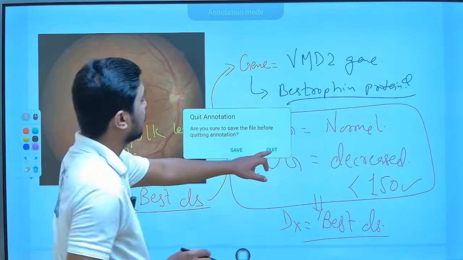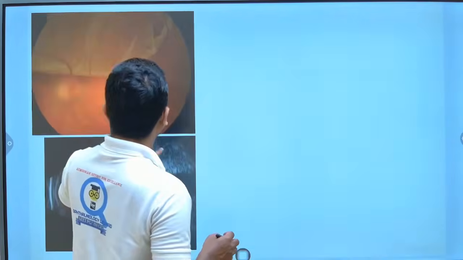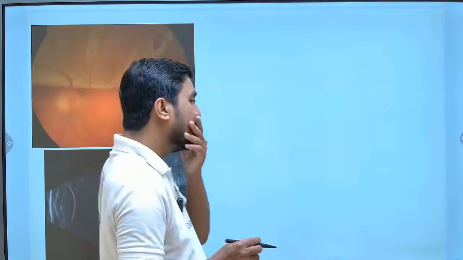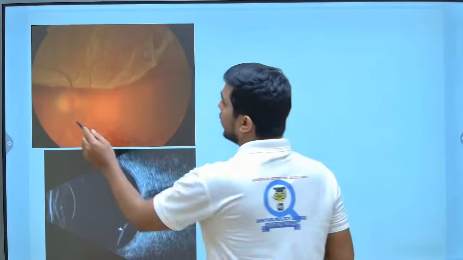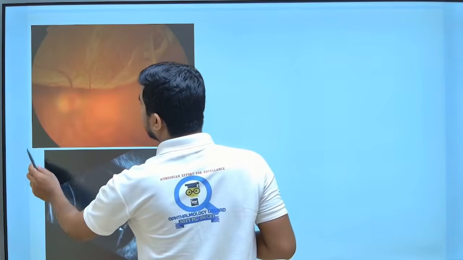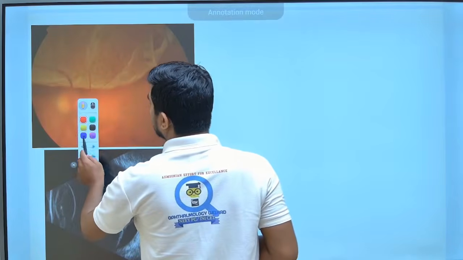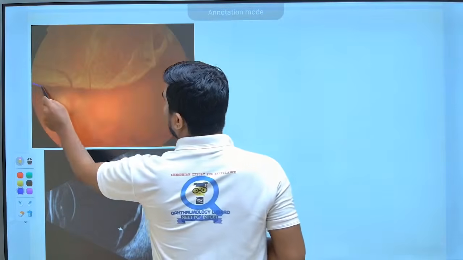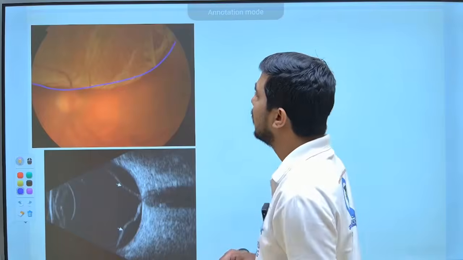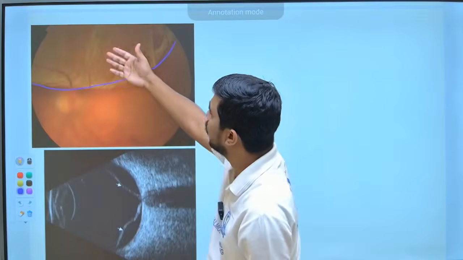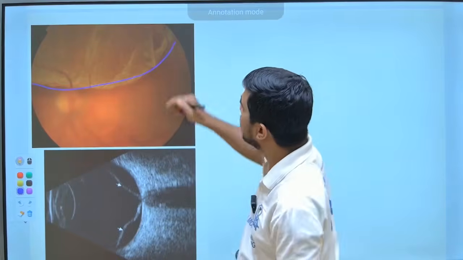Now coming to this condition, see here something is seen in the retina. This looks like a normal fundus, but it is not normal, and you can see some tear.